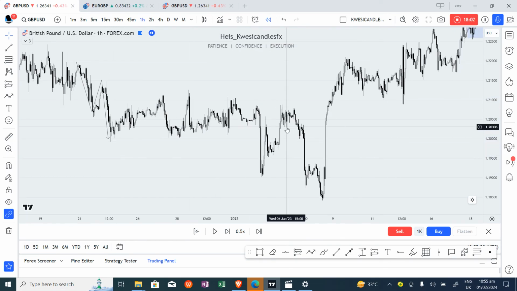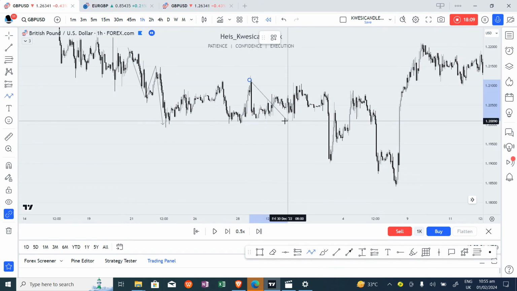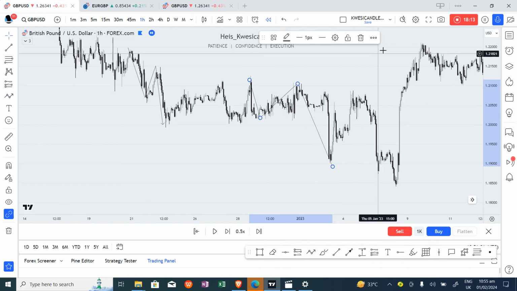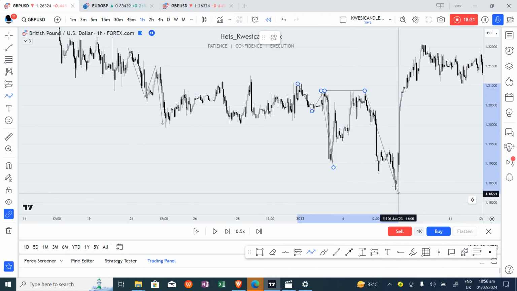Okay. So in order not to fall prey to most of these things, you just have to focus on this one. So you could see in a bigger picture, this is an ABC structure. And even if you try to focus here, you could see that here is an ABC structure, which here became a liquidity point price went to, and it went to the downside.